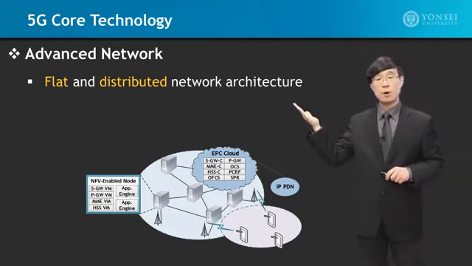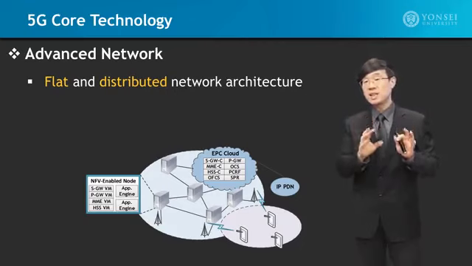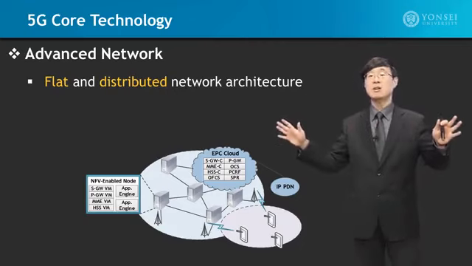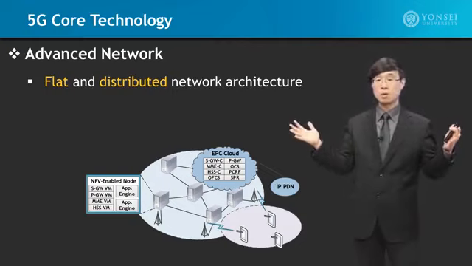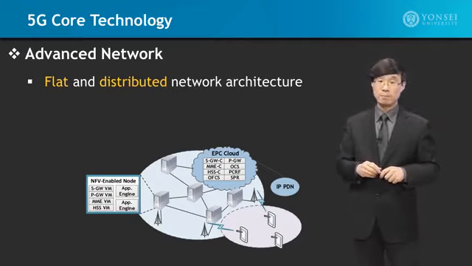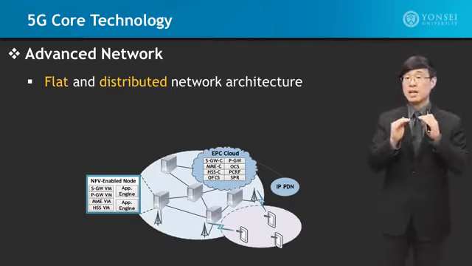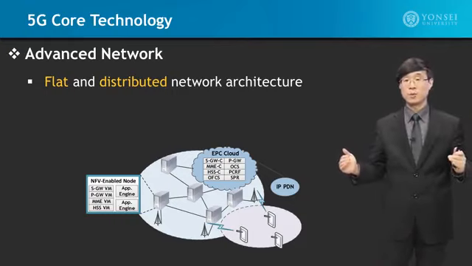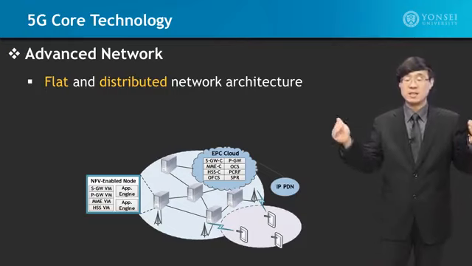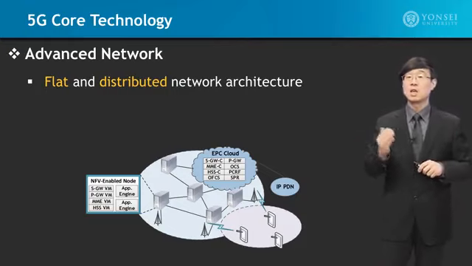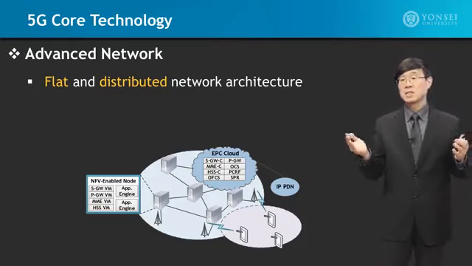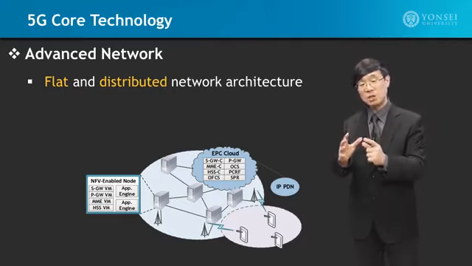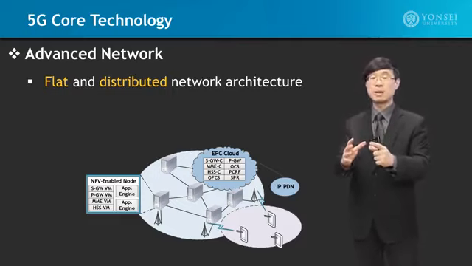Flat and distributed network is about having these functions, but they are distributed out in the network based on a software virtual functionality format such that you do not have specific blocks, but all the units in the network will have some of these functionalities inside of them that you can use in a way such that there is no single unit that has a single functionality that you have to depend on.